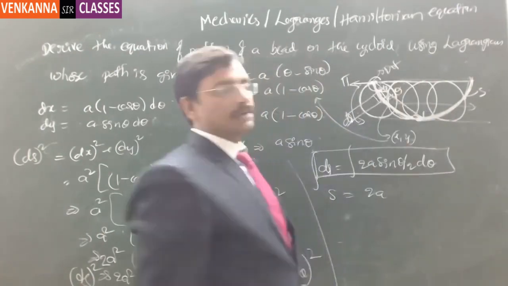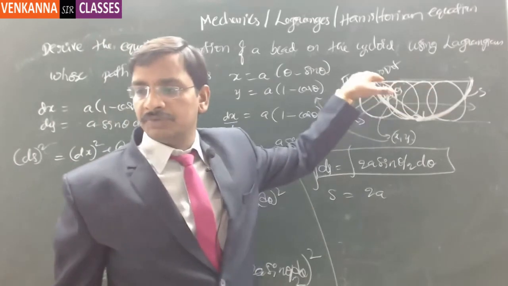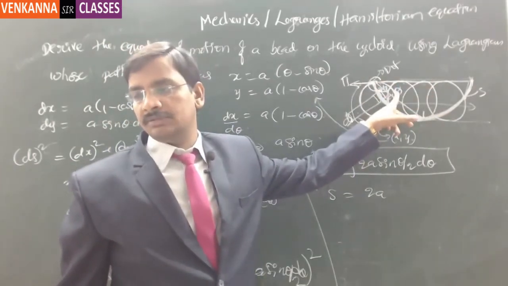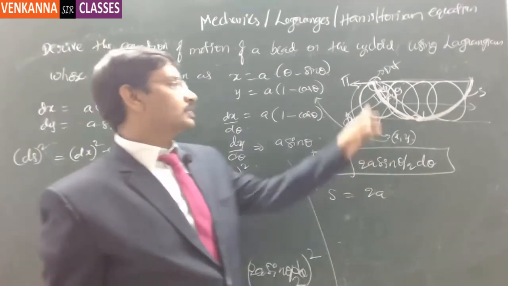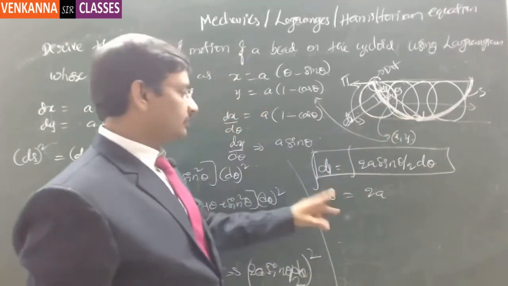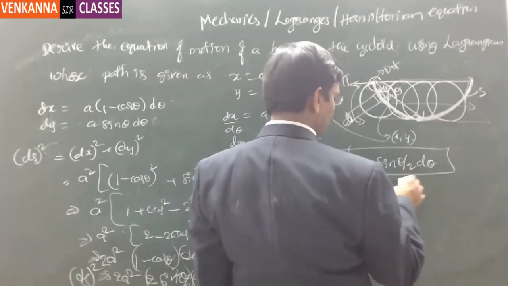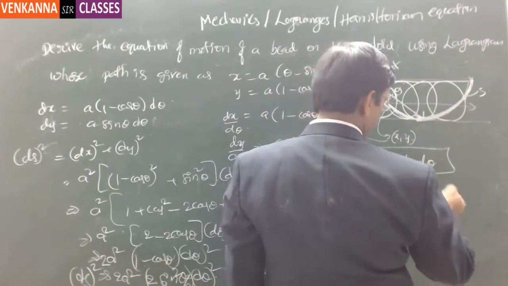This angle is taken from the initial line, so the angle varies from pi to theta. So this s value at any instant, at any angle, theta is varying from pi to angle theta. Now here s is equal to 2a times the integral from pi to theta of sin theta by 2 d theta.